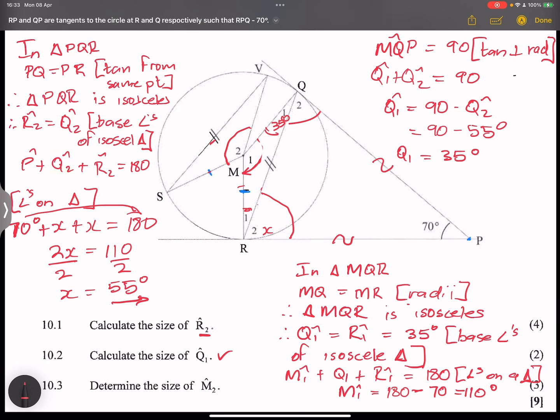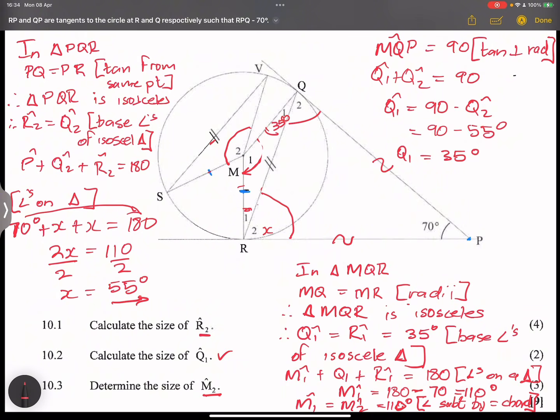M1 is equal to M2, which is 110 degrees. And why is that? These are angles subtended by equal chords. Please remember that if angles are subtended by equal chords, then those angles are equal. So we got the value of M2 to be equal to 110. I hope that makes sense, ladies and gents.